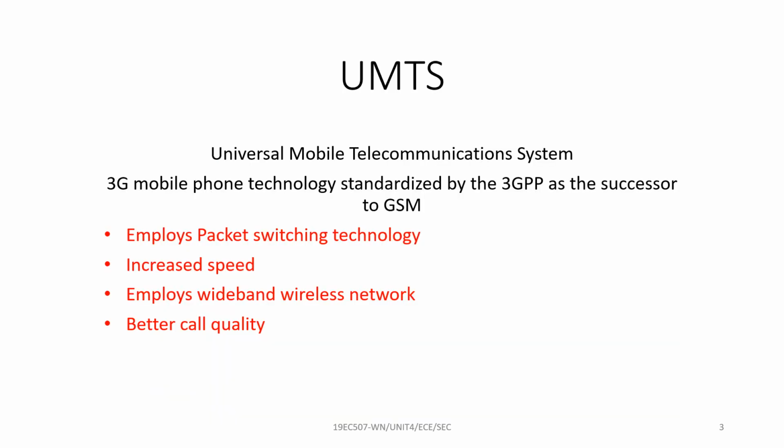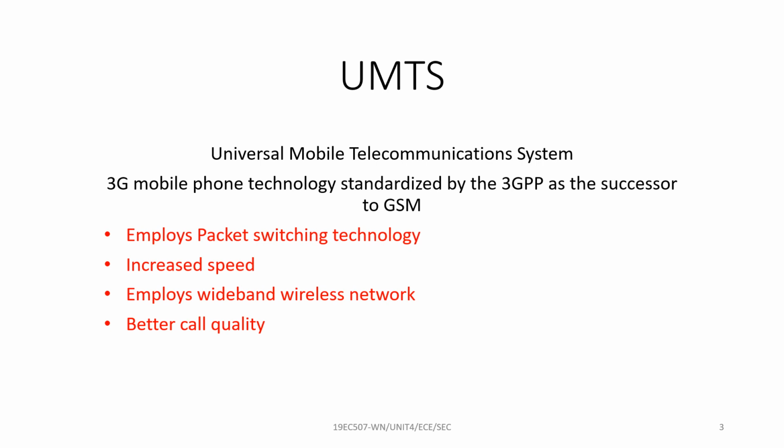So what is this UMTS, Universal Mobile Telecommunication System? This is actually an extension of 2G mobile technology. In fact, it is under the 3G mobile phone technology standard, and this is the successor to our GSM technology. This standard was deployed by 3GPP.